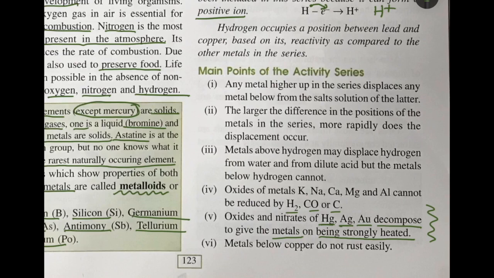When you heat them strongly, the metal can easily be separated. All you have to do is heat it, because you can see they lie right below in the activity series. And metals below copper do not rust easily. Rusting means oxygen is being added, so they do not readily react with oxygen, so they do not rust easily.